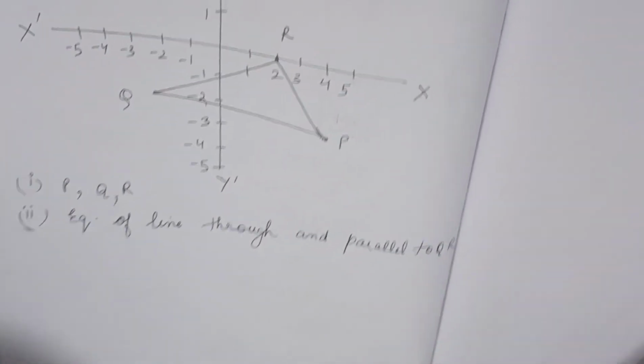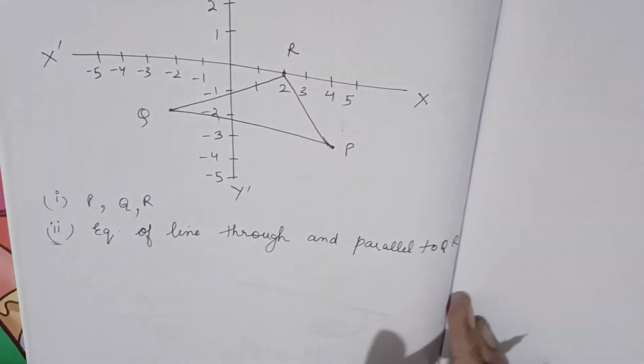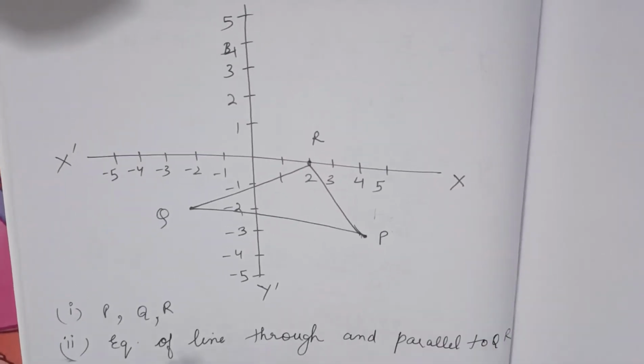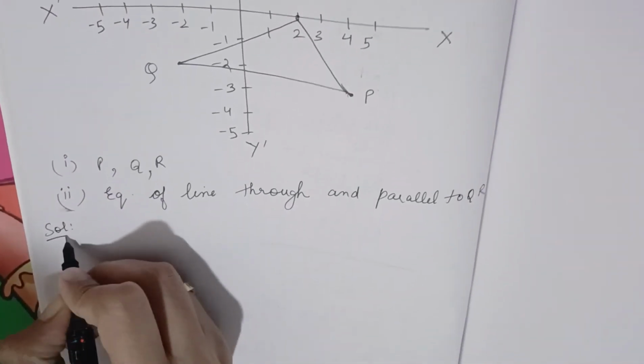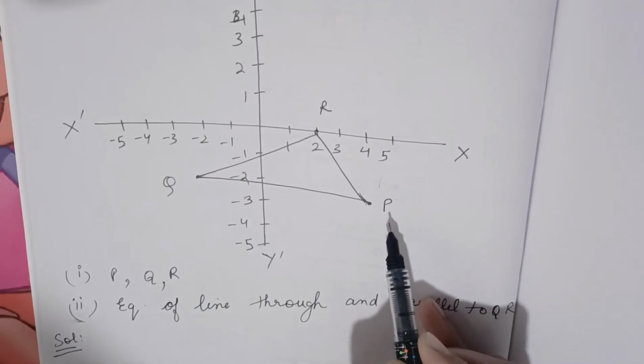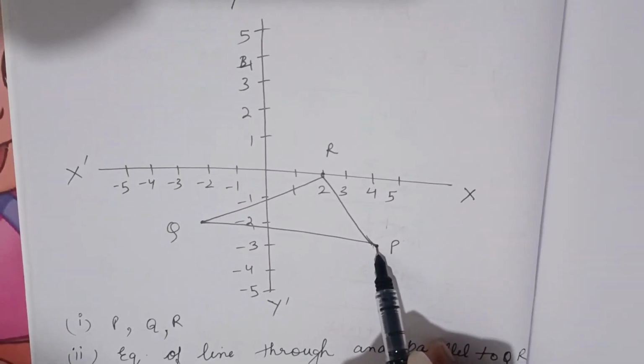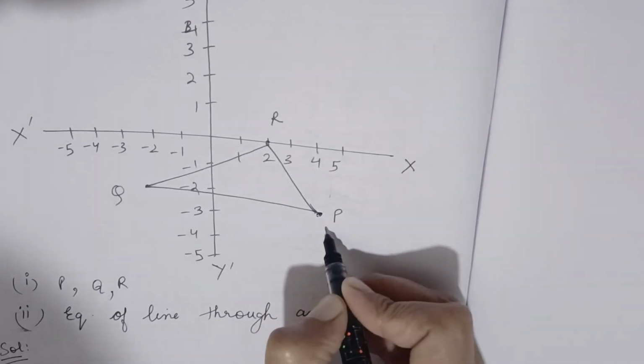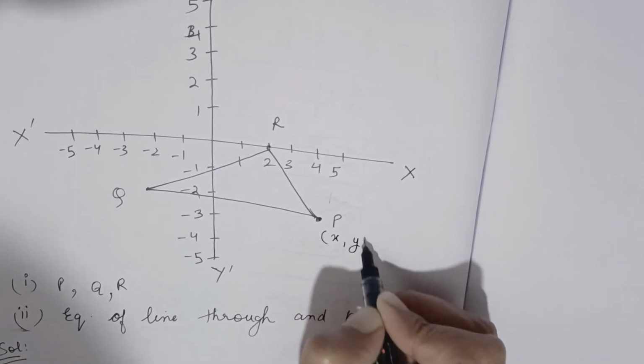First of all, I hope the figure is visible. We have to write the coordinates. From the figure it's very easy. So the coordinates of P. Coordinates means the values of x and y.